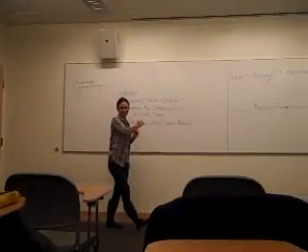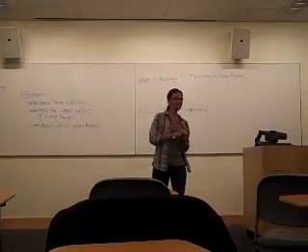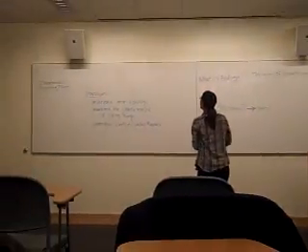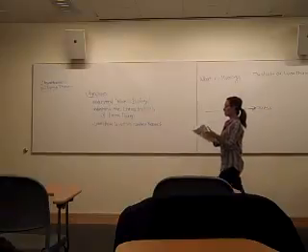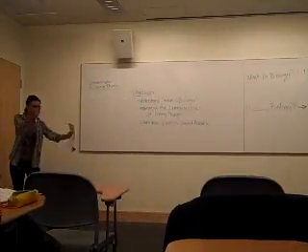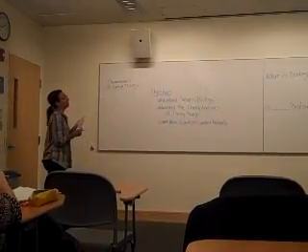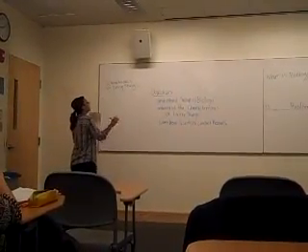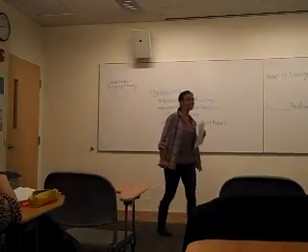What might some characteristics be? Who has a guess? Any old guess. Doesn't have to be right. Needs oxygen? Okay. Not all living things, but okay, that's a good thing. What else? Needs energy?